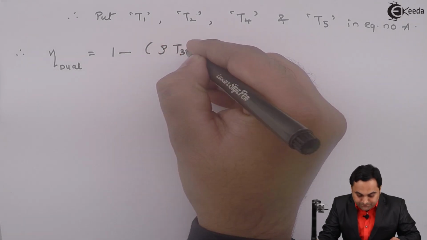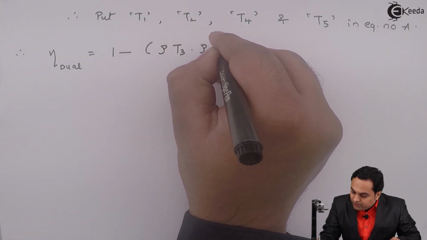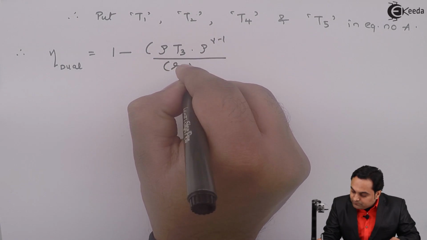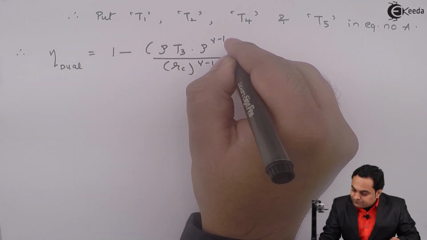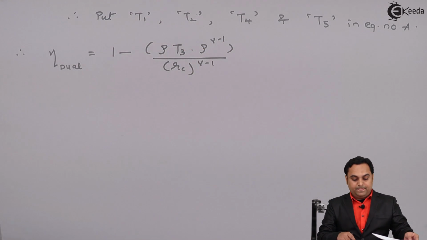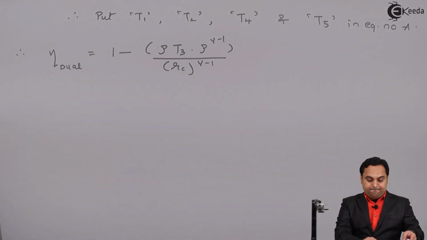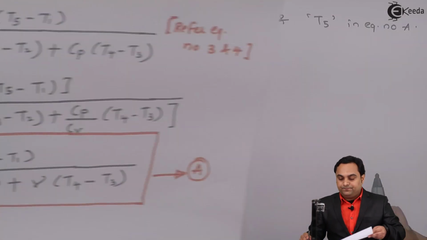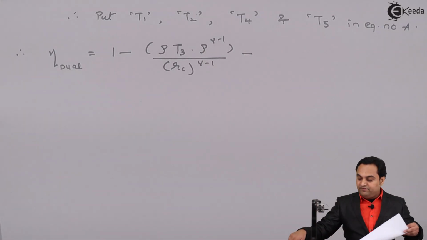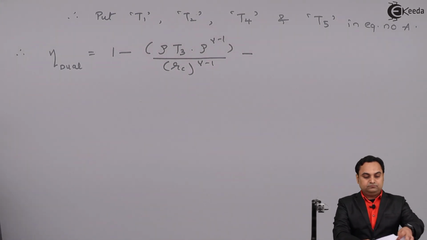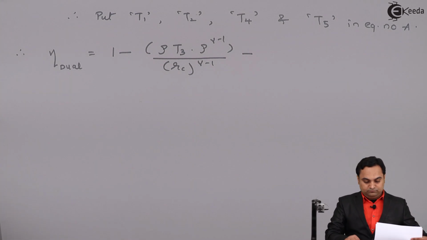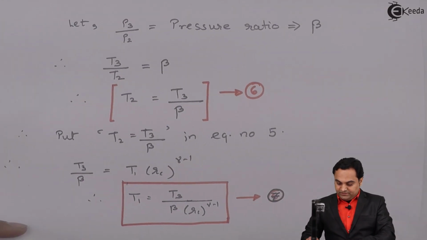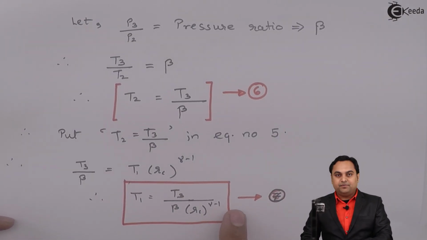rho into T3 into rho raised to gamma minus 1 upon Rc raised to gamma minus 1. This is T5 minus T1, so minus, now T1 we have in equation number 7, that is T1 is T3 upon beta Rc raised to gamma minus 1.